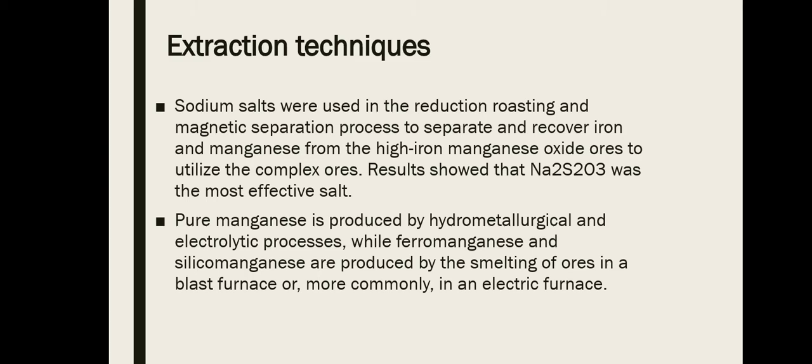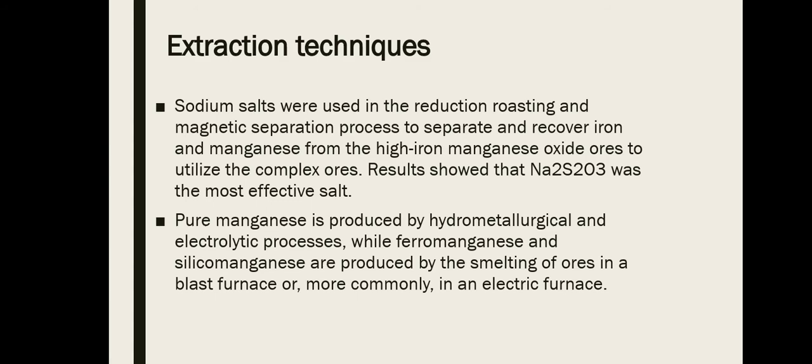Pure Mn is produced. This method is used nowadays, meaning it's not an old process. Pure Mn is produced by hydrometallurgical and electrolytic processes. Almost all of us know about electrolytic processes, but not about hydrometallurgical processes.